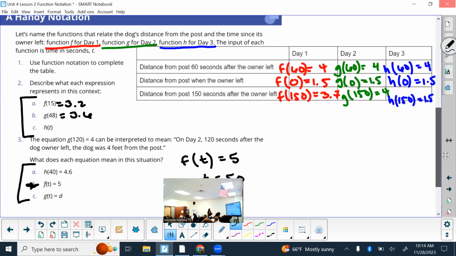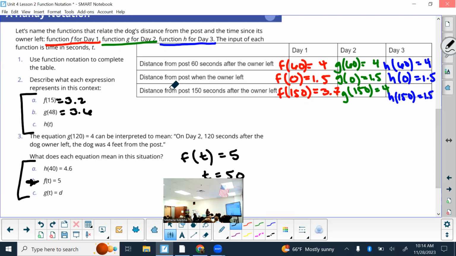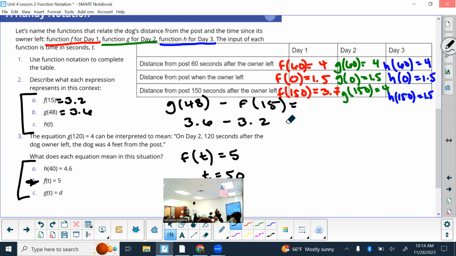But a great test question would be something like this. So you know how to answer these individually, but say I asked you to solve this. G of 48 minus F of 15. All right, you know what these are individually. What I'm really asking you is to do 3.6 minus 3.2.